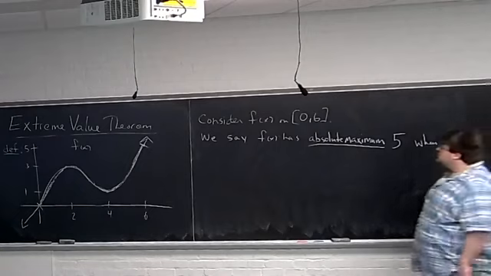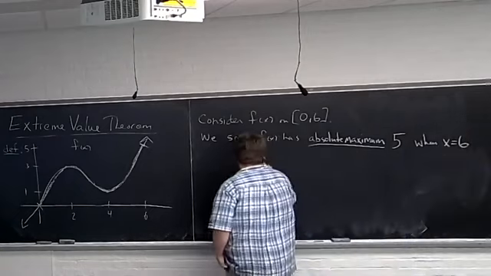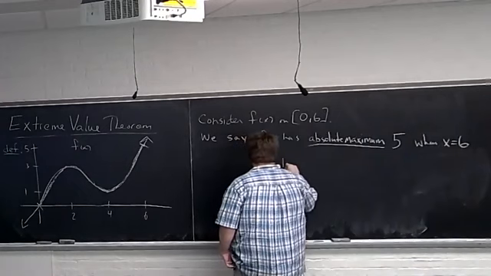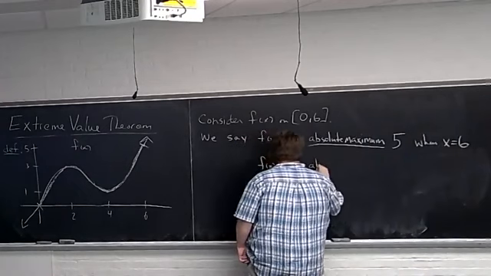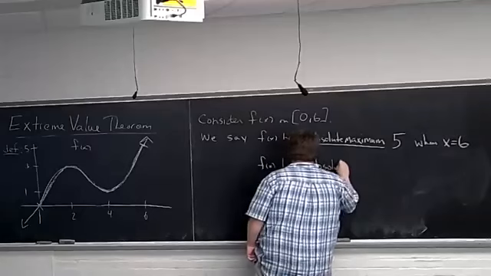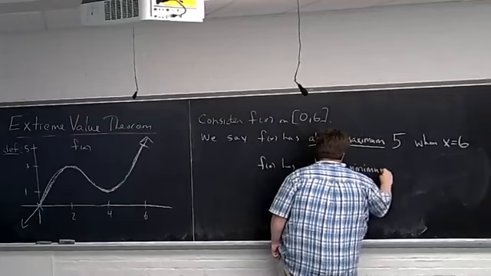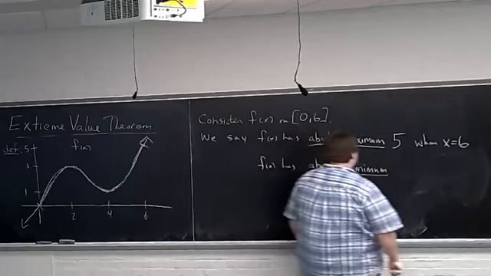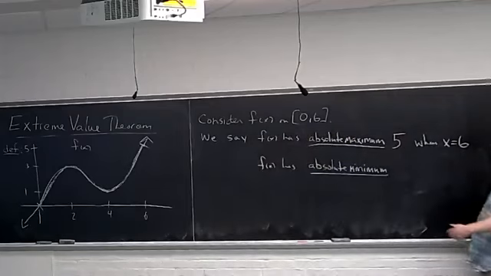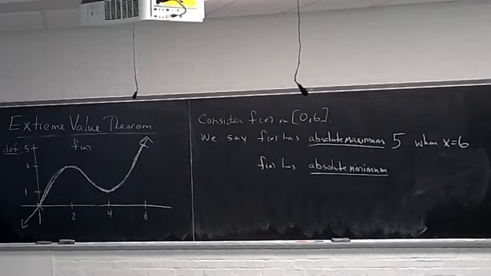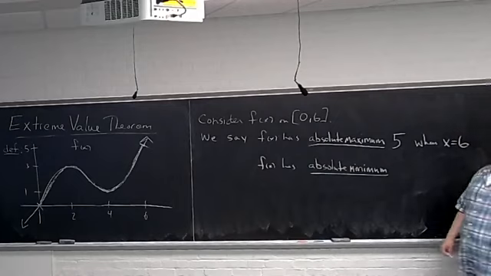And so I don't write the same sentence a bunch of times, I'll just say like this: f of x has absolute minimum. Absolute minimum, just like absolute maximum, will be the lowest the function gets, the smallest y value the function hits.